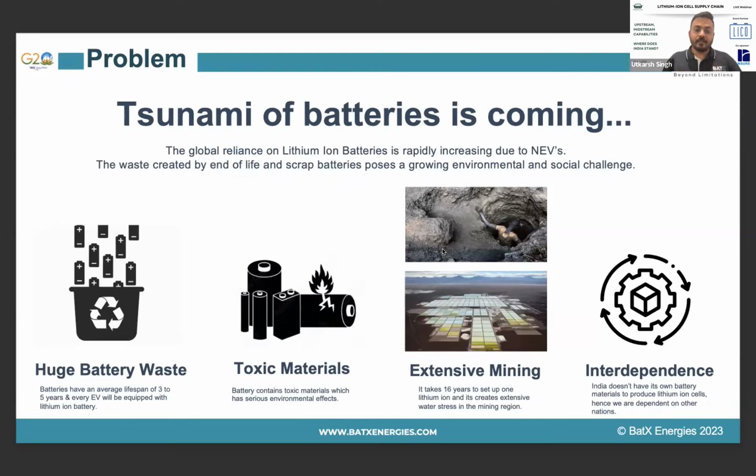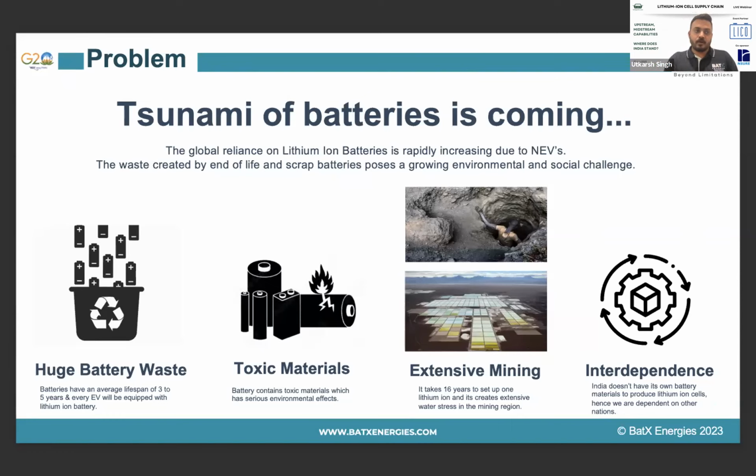For example, to mine lithium, there's a huge water stress happening in countries like Argentina, Chile, and Australia, wherein the way the cobalt is mined, I've also added a picture here, is creating a lot of human hazard in the states of Congo.